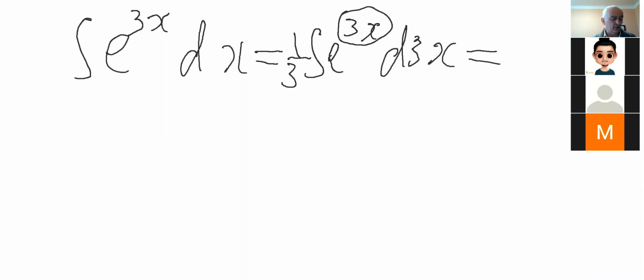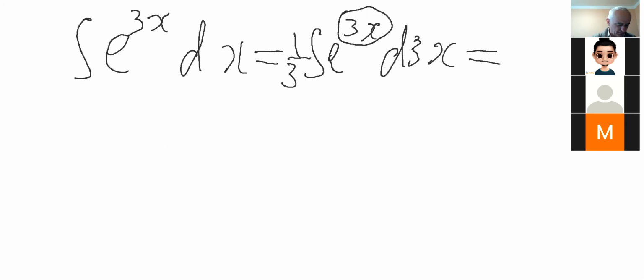Now we have 3x in both places, here and in the differential. It means we can imagine it as t, and we know very well that the integral of e to power t dt is again e to power t.